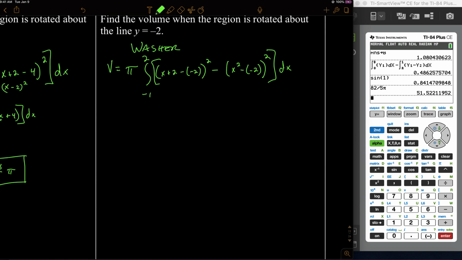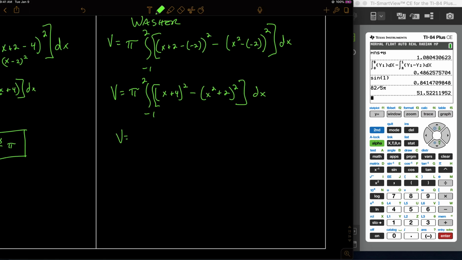Alrighty, so if we simplify, we've got x, let's see, that's going to be a plus 4 squared minus x squared plus 2 squared dx. So we're going to multiply this thing out.